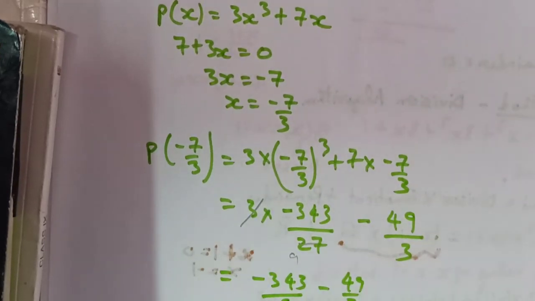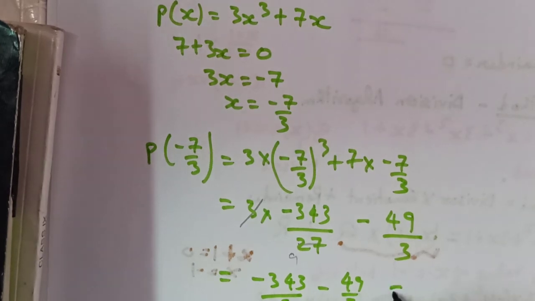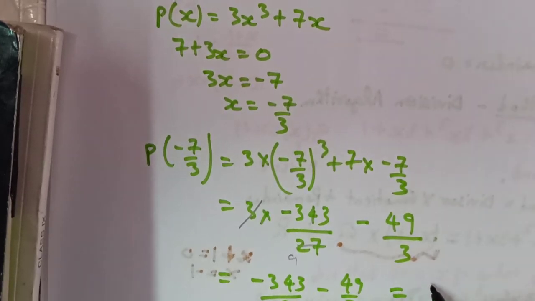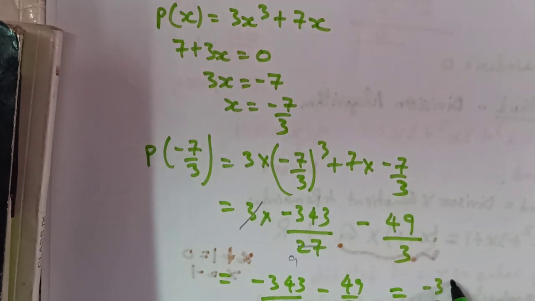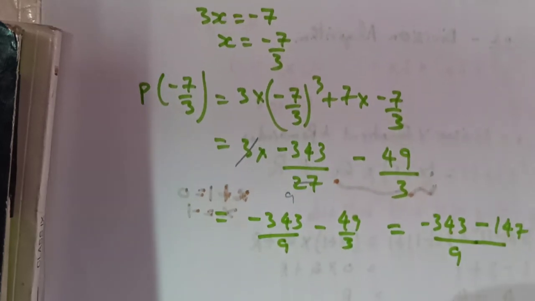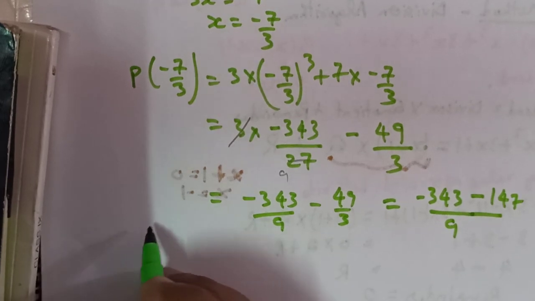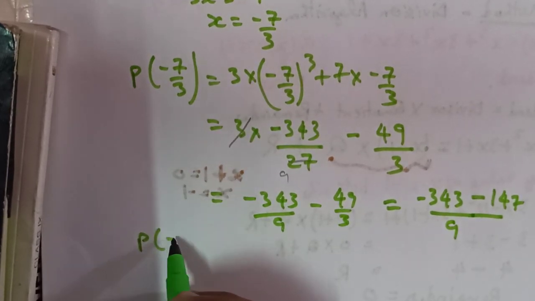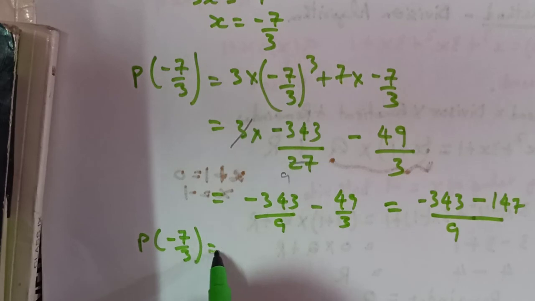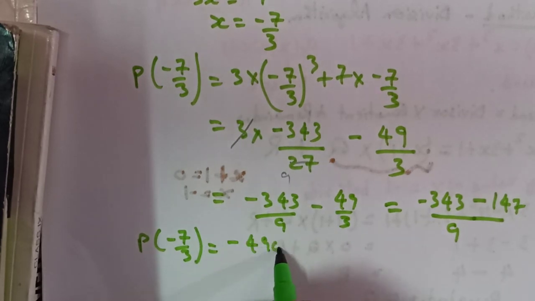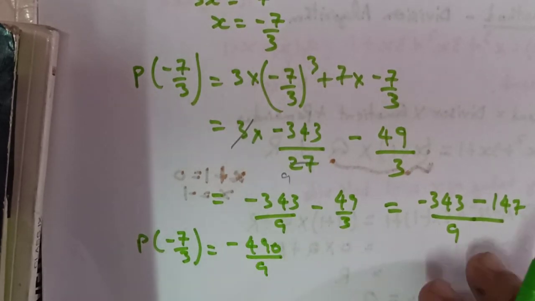On further solving we get the value as minus, the LCM will be taken as 9, it will be minus 343, then minus, and 3 times 49 is 147. So we have got p(minus 7 upon 3) coming out to be minus 490 upon 9.